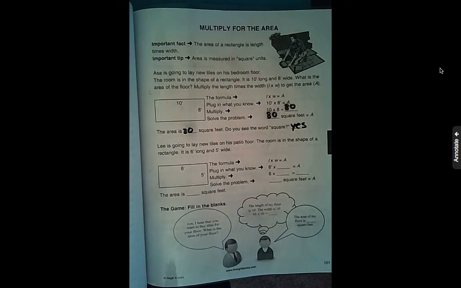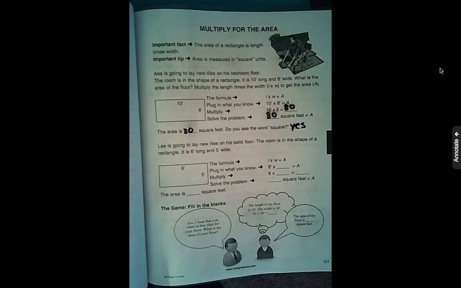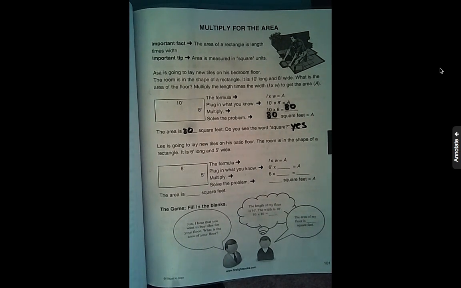Alright, Lee is going to lay new tiles on his patio floor. The room is in the shape of a rectangle. It is 6 feet long and 5 feet wide. Here's the formula. So length times width is your area. So now you've got to plug in what you know. I already plugged in the length, which is 6.